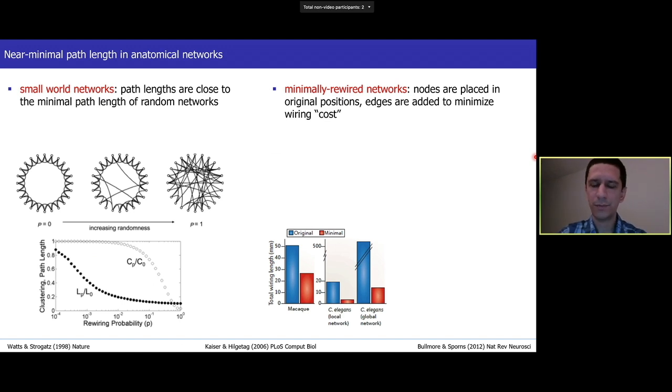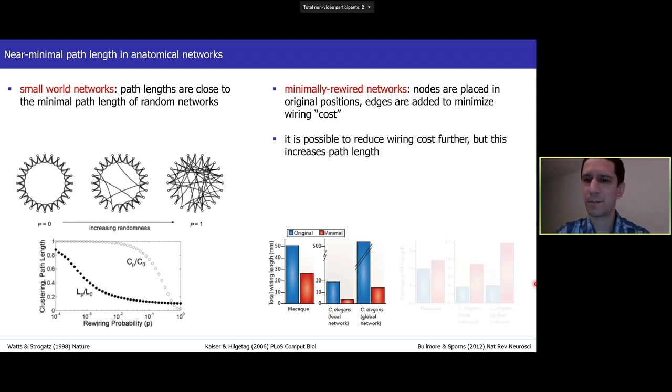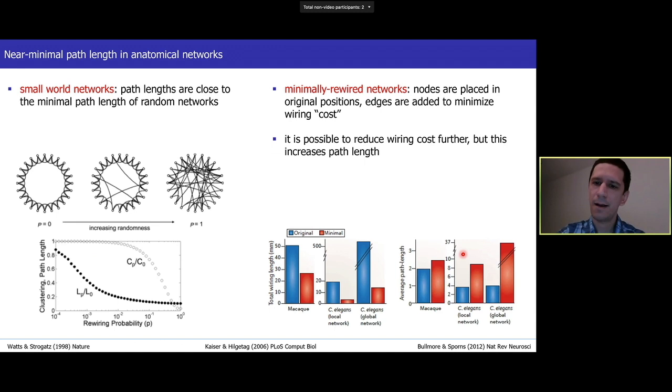What has been shown is that when you go through this process, and the original networks here are shown in blue, the y-axis shows the total wiring cost of the network. When you create these minimally rewired networks that are shown in red, you can actually drastically decrease the total wiring length in the network. So there is a lot of room for improvement. However, this actually comes at a price, because the average path length in these networks actually increases.